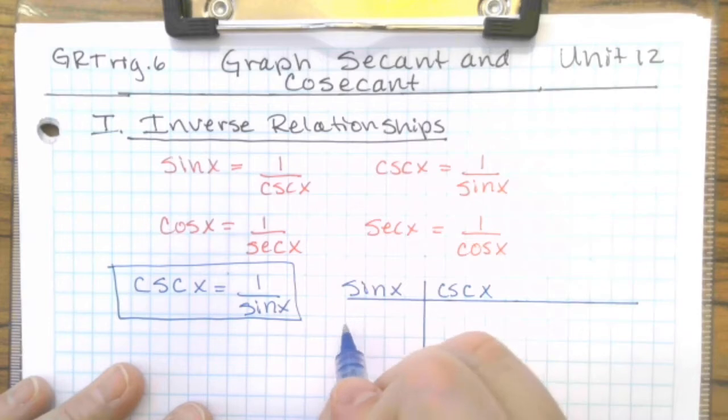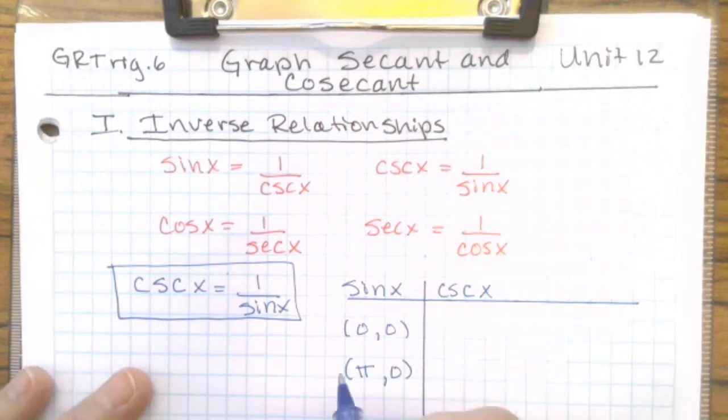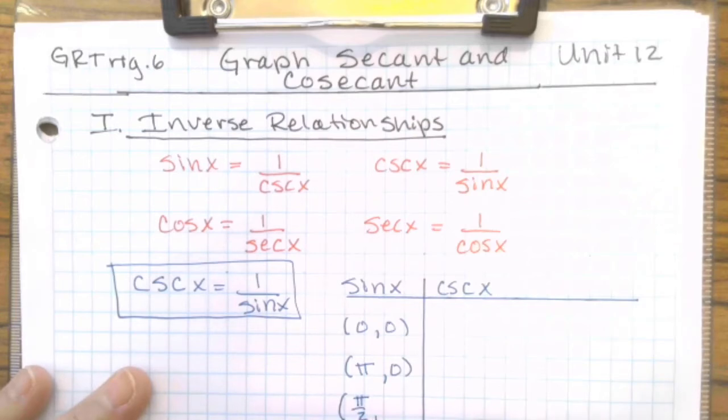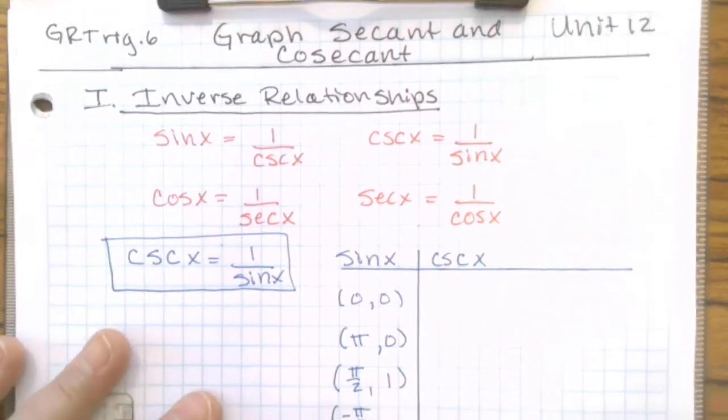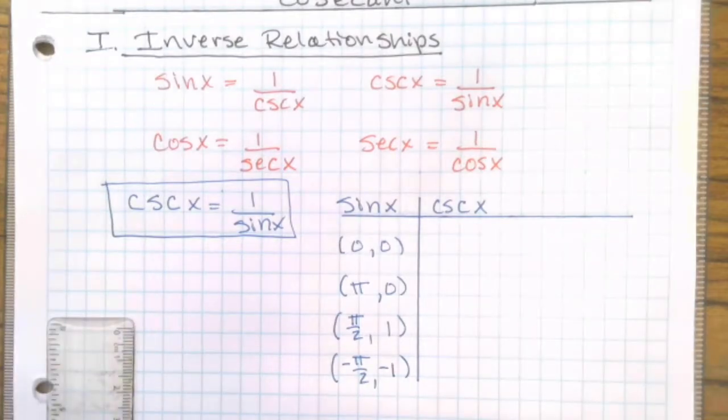We know that sine of 0 is 0. We know that sine of pi is also 0. In between those, sine of pi over 2, or 90 degrees, is 1. Sine of negative pi over 2, or 270 degrees, is equal to negative 1. Those are the ones that we've memorized.